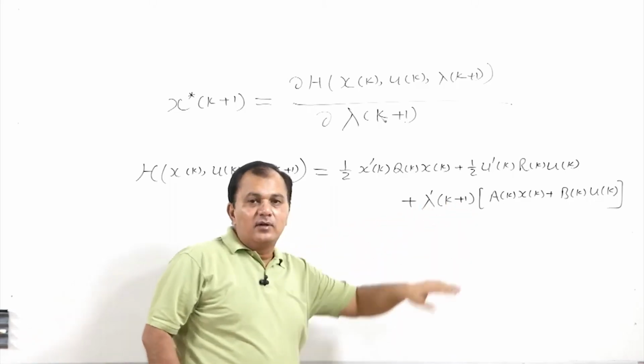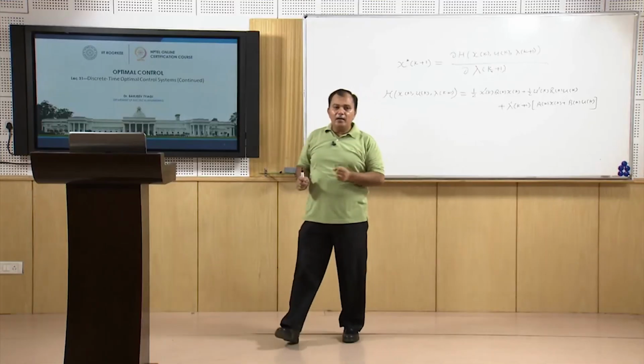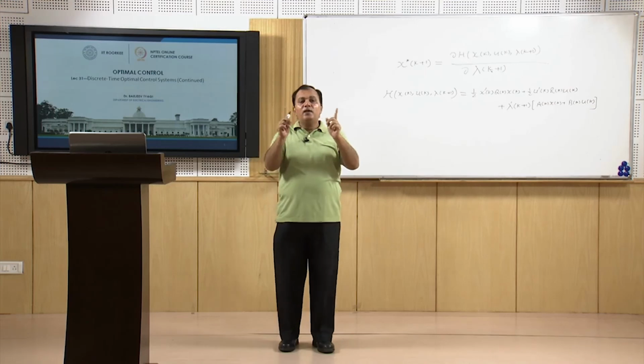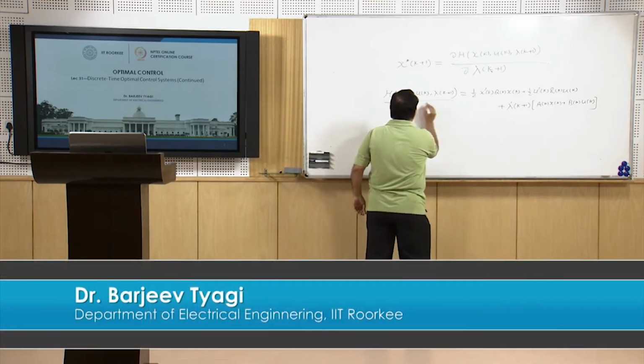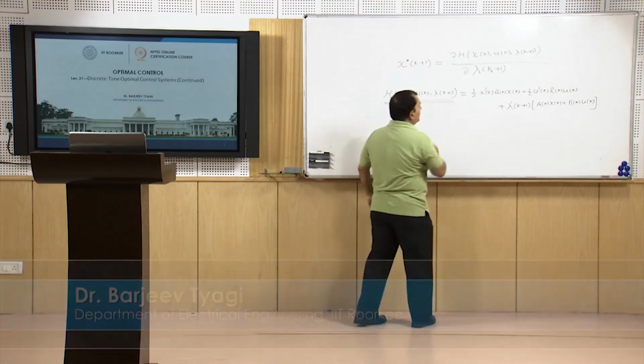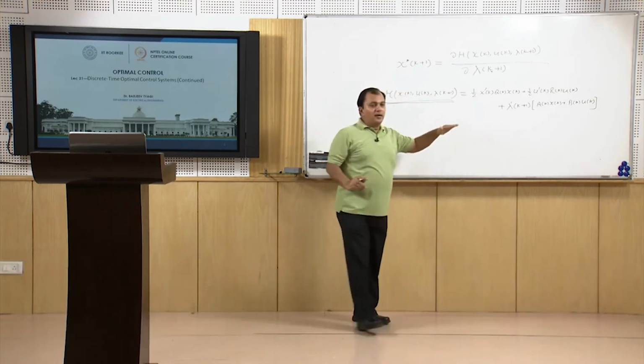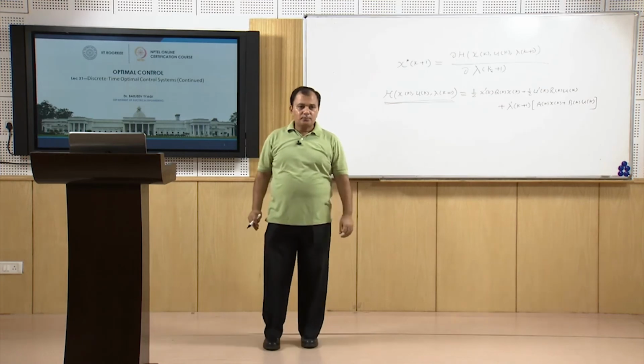That is why initially, in place of lambda k, we have taken lambda k plus 1. If I define the Hamiltonian H k, I can directly write my equations.